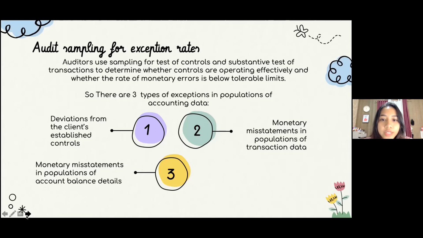So there are three types of exception in a population of accounting data. The first one is deviation from the client's established controls. The second one is monetary misstatements in a population of transaction data. The third is monetary misstatements in a population of account balance details.